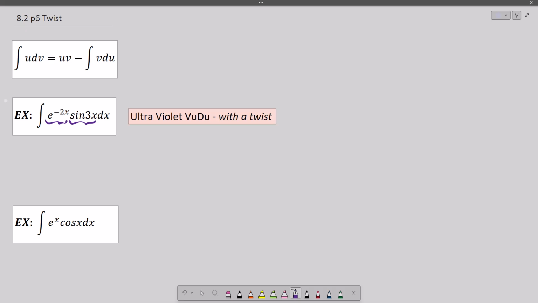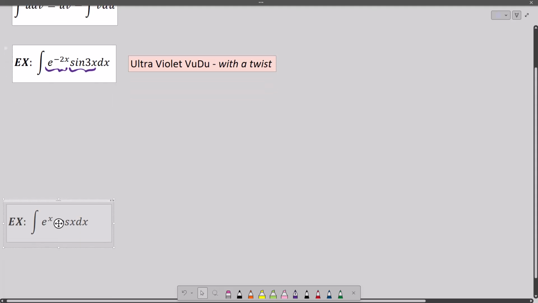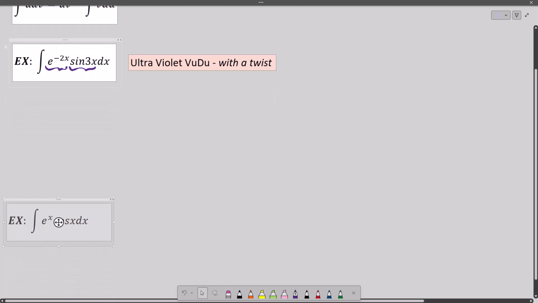Derivative of sine is cosine, but then derivative of cosine is back to sine. So there's this circular nature to that derivative and certainly to the exponential derivative. So that's what distinguishes regular integration by parts from our twist part. So let's figure out how to do this, integration by parts with a twist.